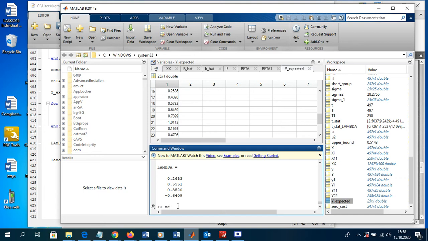If we take the mean of y expected, it's 0.62. So the cross-sectional average of average returns is 0.62.